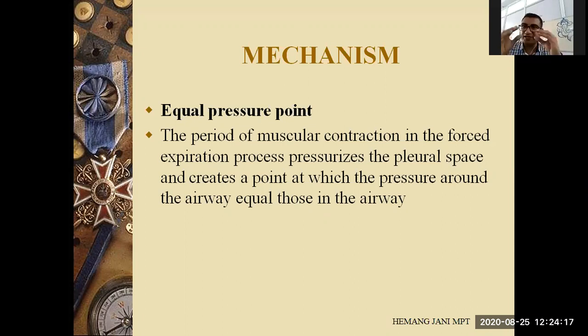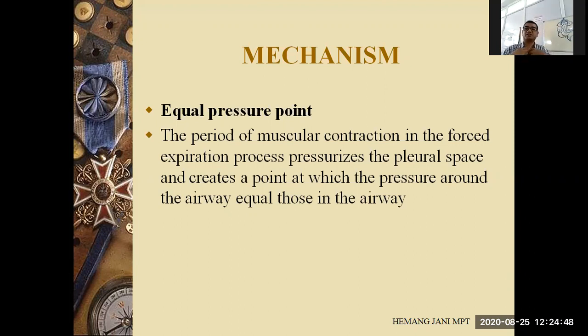If we take a smaller breath, a smaller volume, the equal pressure point will go down. If we take a larger breath, the equal pressure point will be up toward the proximal airways. So depending on where the secretion is, you can take a deeper or shallower breath. Whenever the secretion is in the periphery, at the alveolar level or near the respiratory bronchioles, take a shallower breath and go for coughing and huffing.